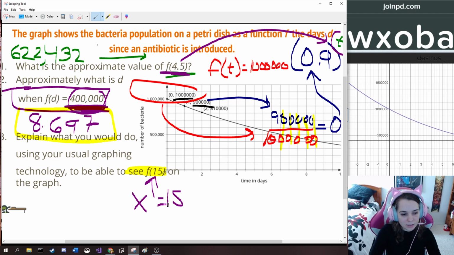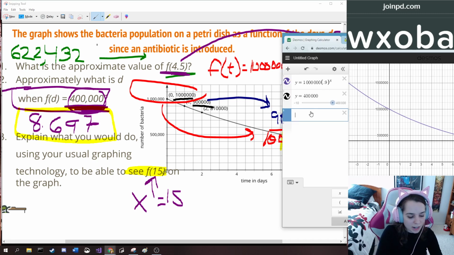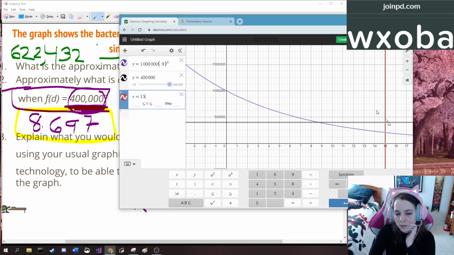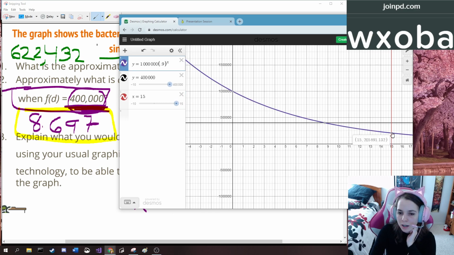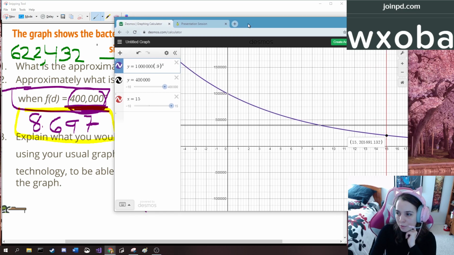So this is when x is 15. You could graph when x is equal to 15. And then if you didn't want to substitute, you could find the intersection point here to find that when x is 15, the amount of bacteria in the population is going to be 205,891. Okay, it would be the population of bacteria.